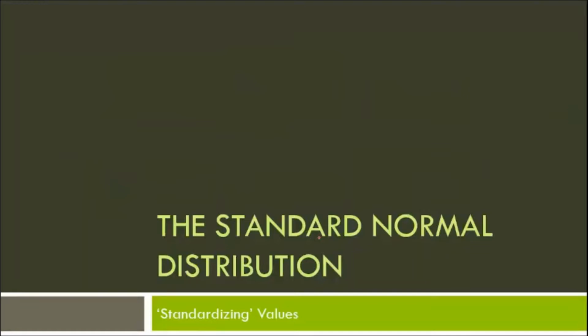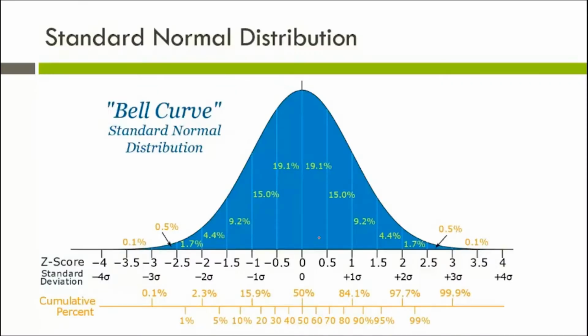Okay, we'll go to our second topic, and that is standard normal distribution, or what we call standardizing values. As you can see here, this is our normal curve, right?